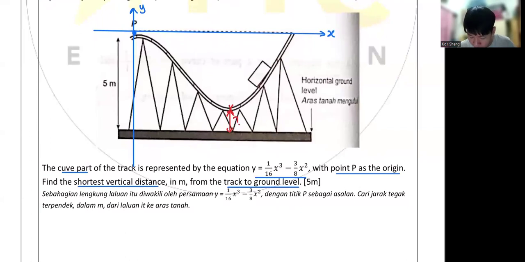So if you want to make it the shortest, these coordinates from the graph, you should know what point this is. This point must be the closest to the ground level. It must be the minimum, the lowest point of the curve. The lowest point will be closest to the ground level.